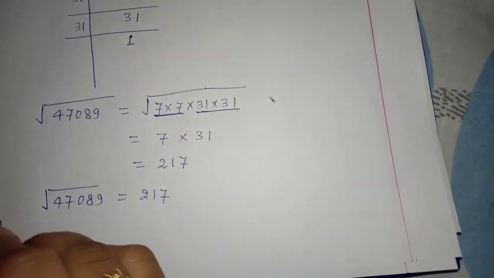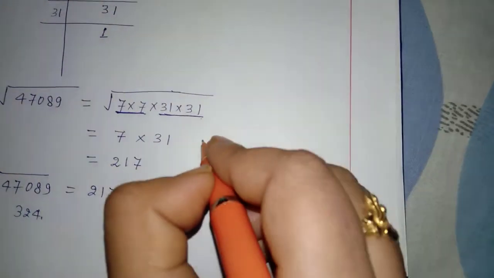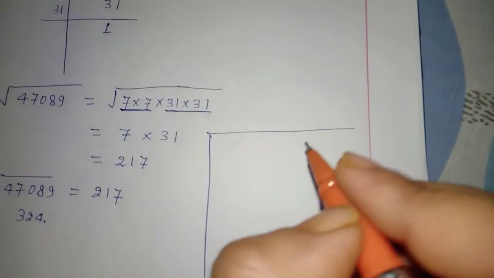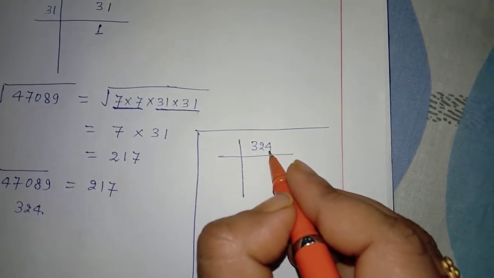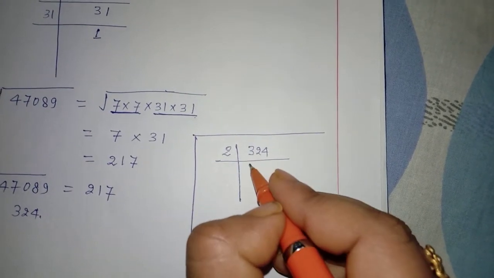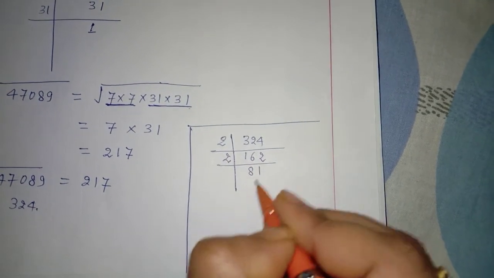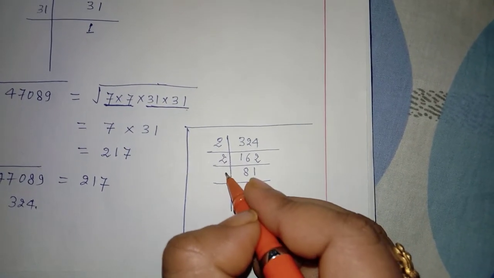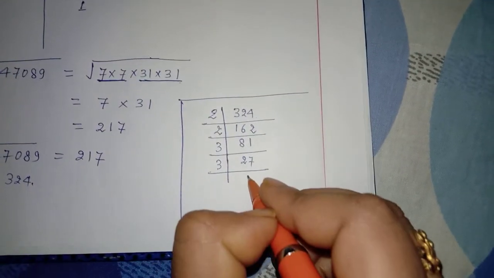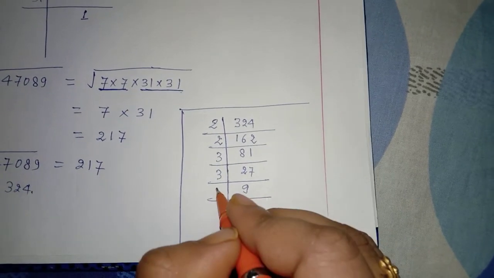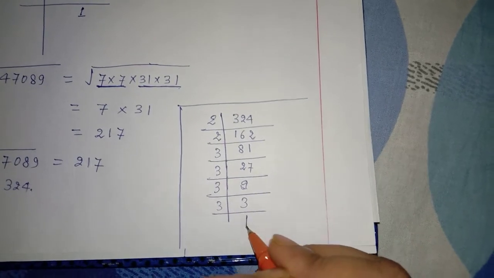Next example. Example 324. In this example, we will find the square root of 324. 324 is an even number, so it will be divisible by 2. 162, again by 2, 81. 81 is divisible by 3, so 27, again by 3, 9, again by 3, 3, again by 3, we will get 1.